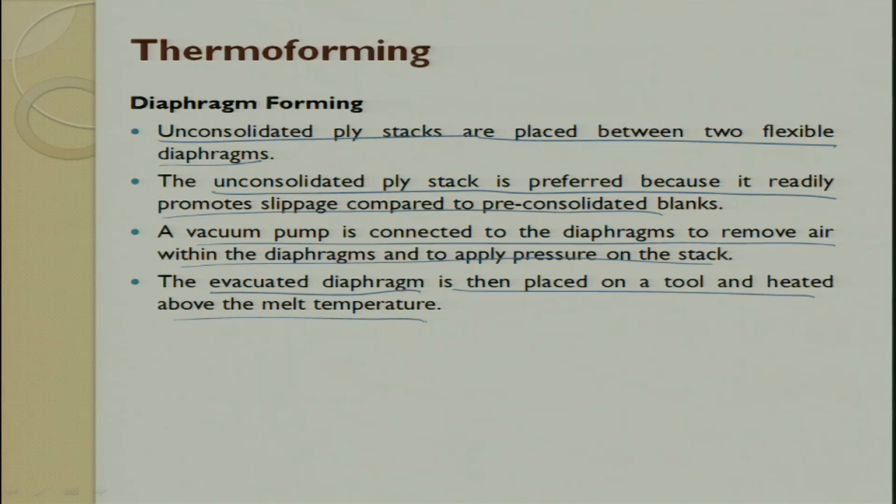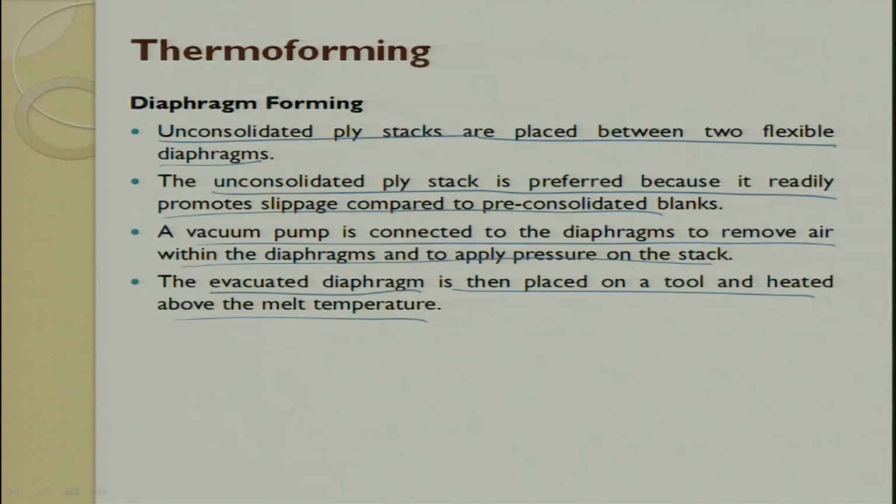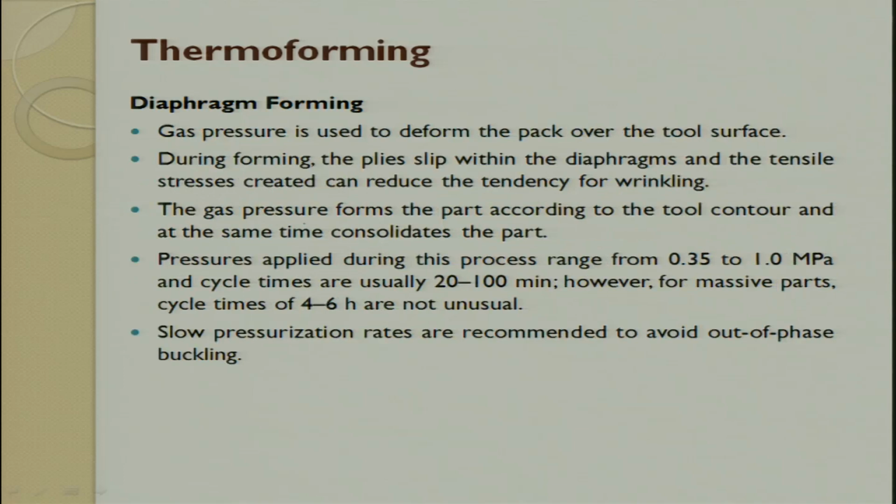This is the process sequence we follow so that we get the required output. You can see the diaphragm here. This is very important so that you get a sound quality output.